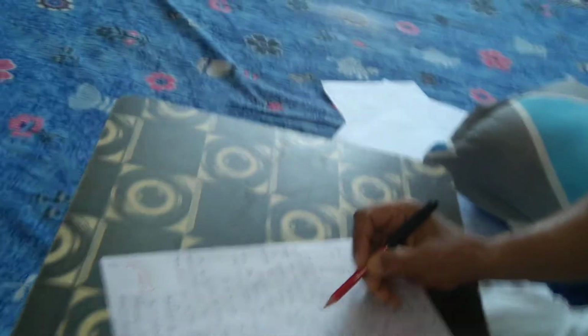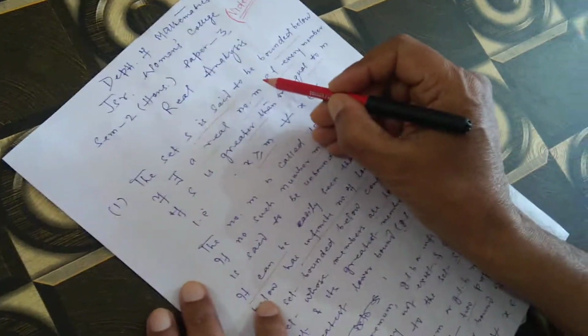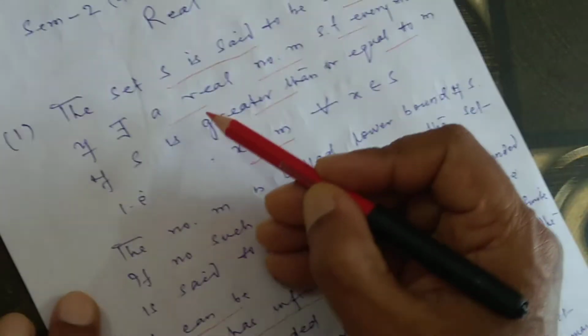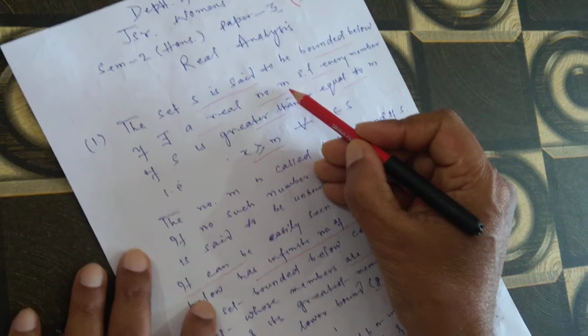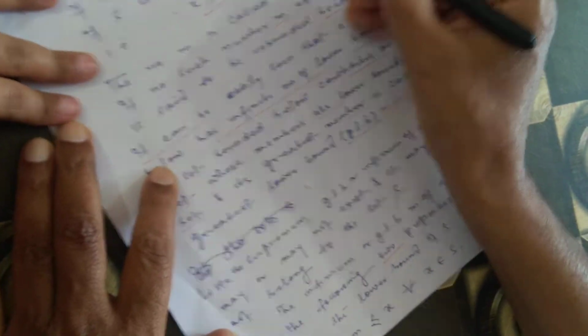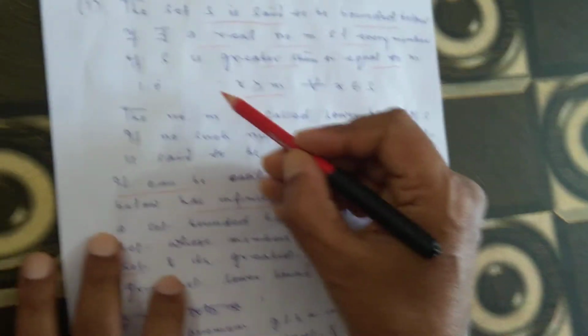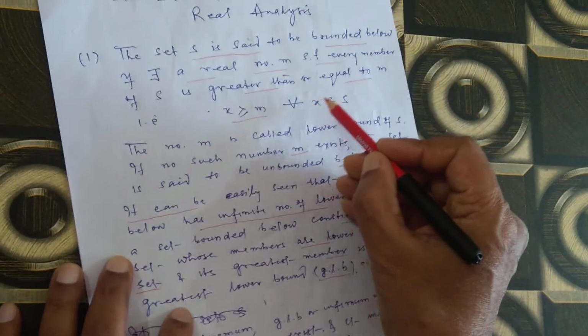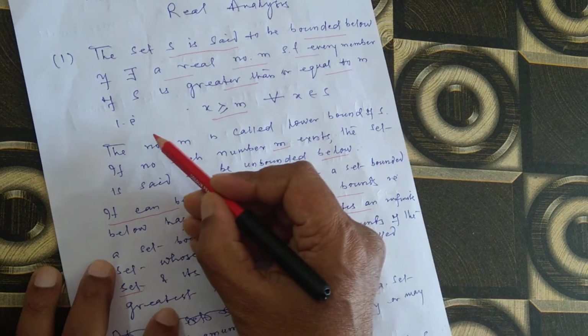The set S is said to be bounded below if there exists a real number small m such that every member of S is greater than or equal to m.